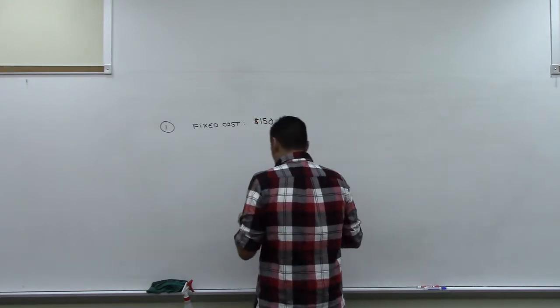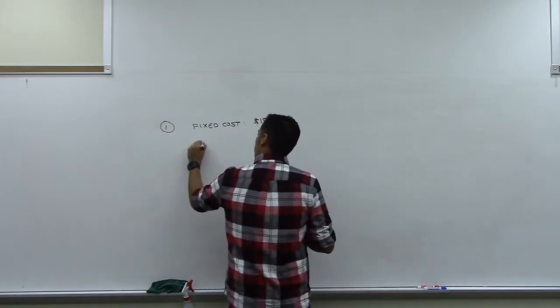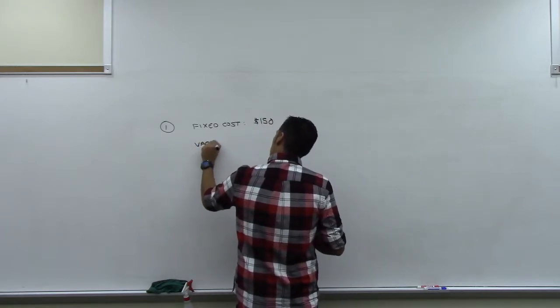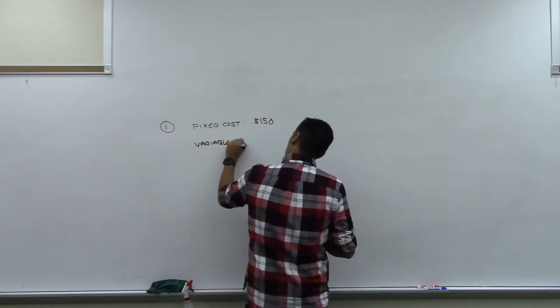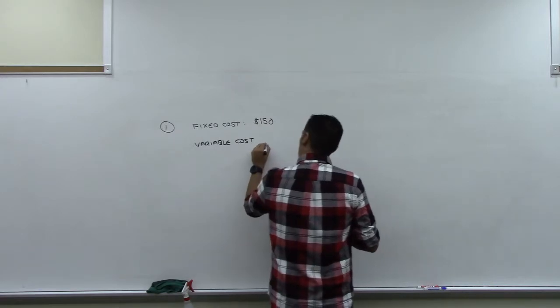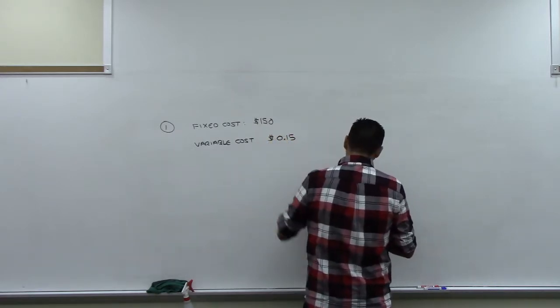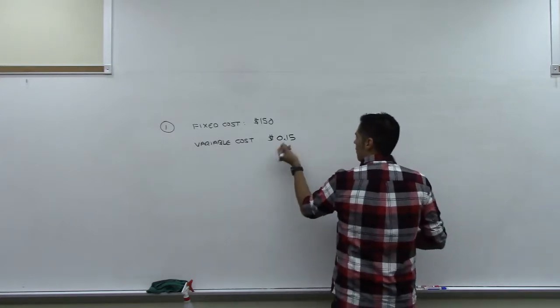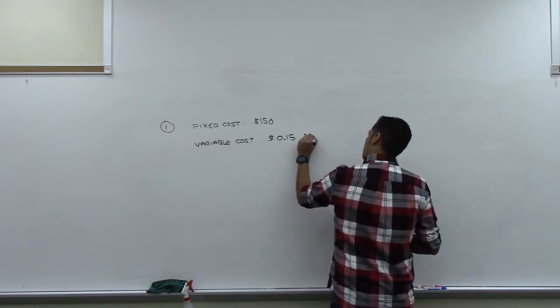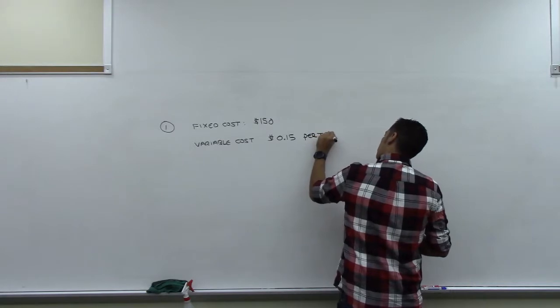$150. And then a variable cost of $0.15, which is 15 cents per taco. All right.